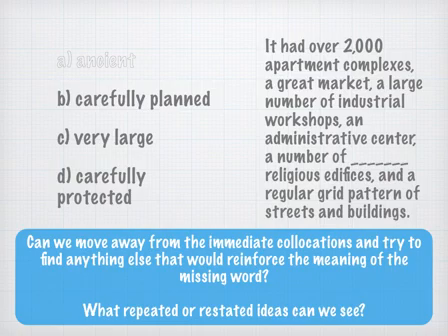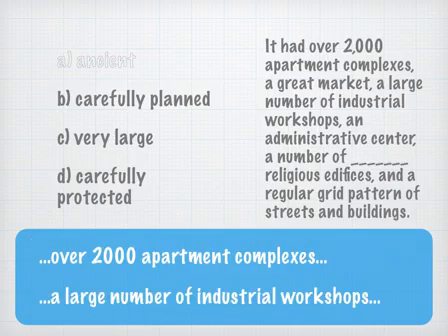So what repeated or restated ideas can we see in this passage? Well, it's pretty obvious. We can see that there were over 2,000 apartment complexes. We can also see that there was a large number of industrial workshops. So these are two clues here. 2,000 is a large number, it's a big number. And then we also have something else that means big, a large number of.